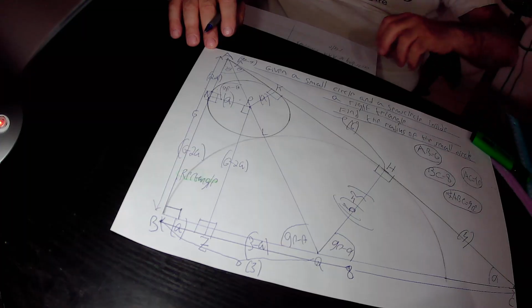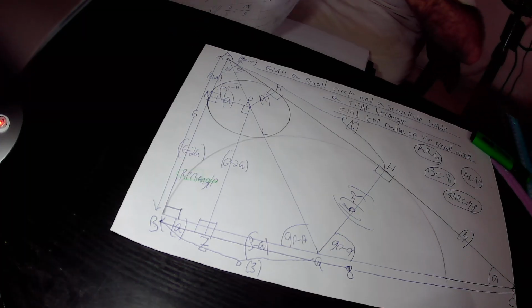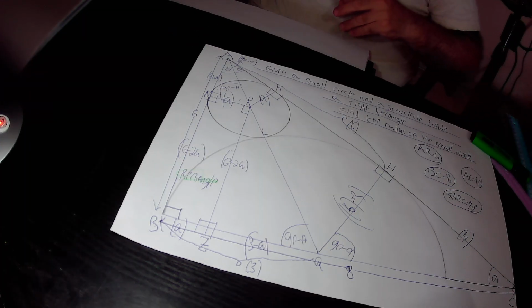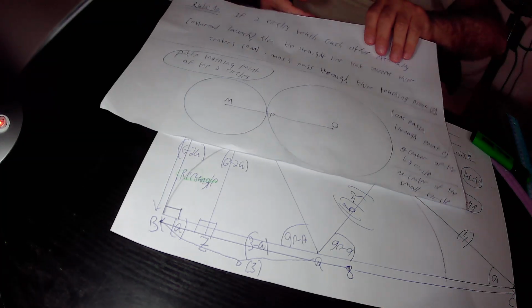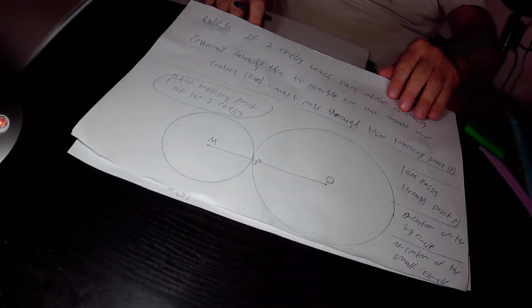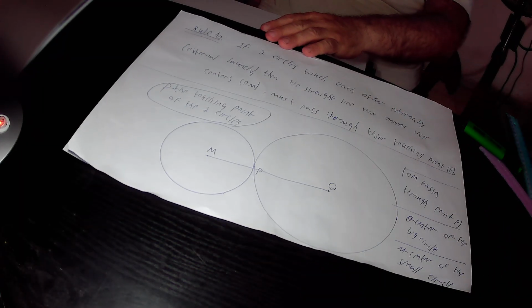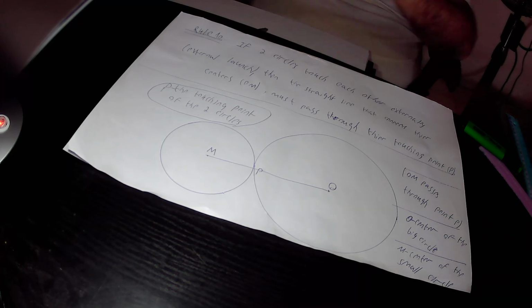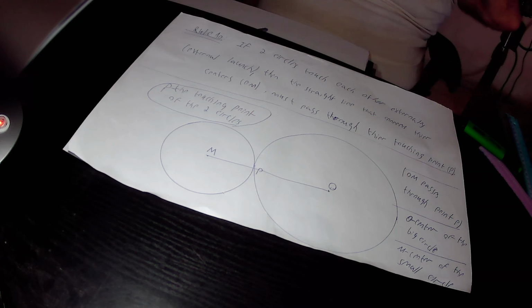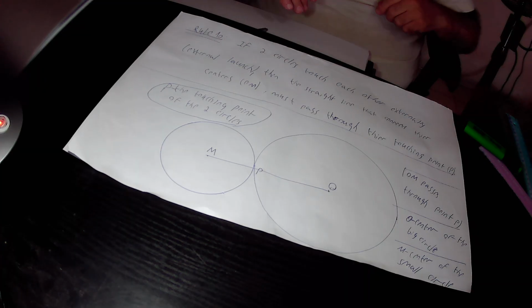I repeat quickly on rule 10. According to rule 10, if two circles have an external touch between them, then the straight line that connects their centers together must pass through their touching points. So in the drawing we have two circles.